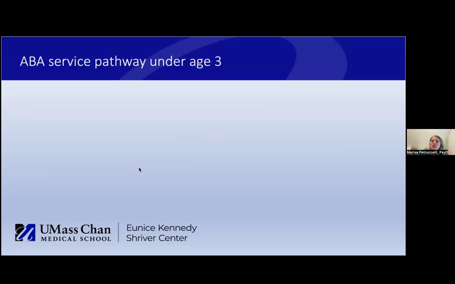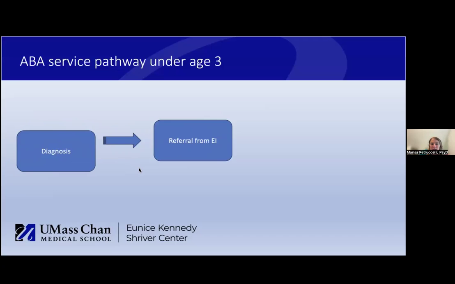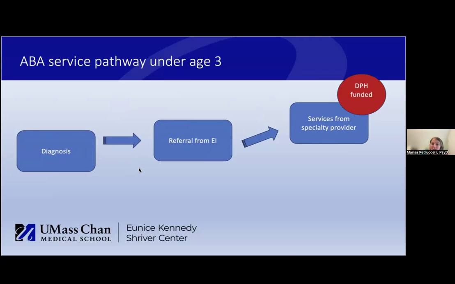So under the age of 3, once a diagnosis is received, individuals can access, through a referral from early intervention directly, some specialty services. So these would be the more intensive behavioral services. And these are funded by the Department of Public Health until the child turns 3.